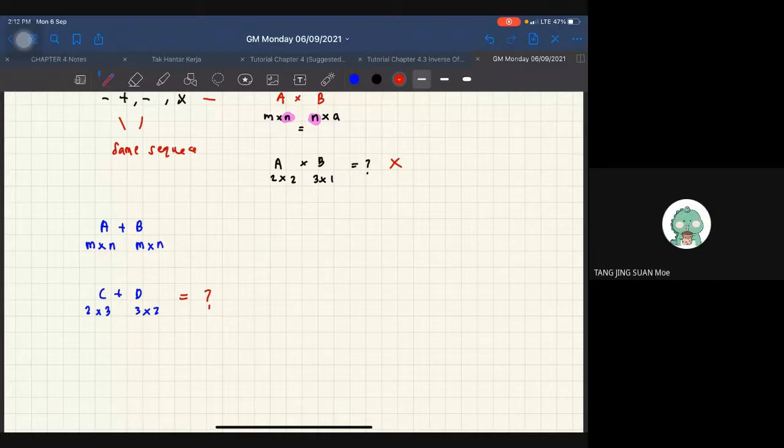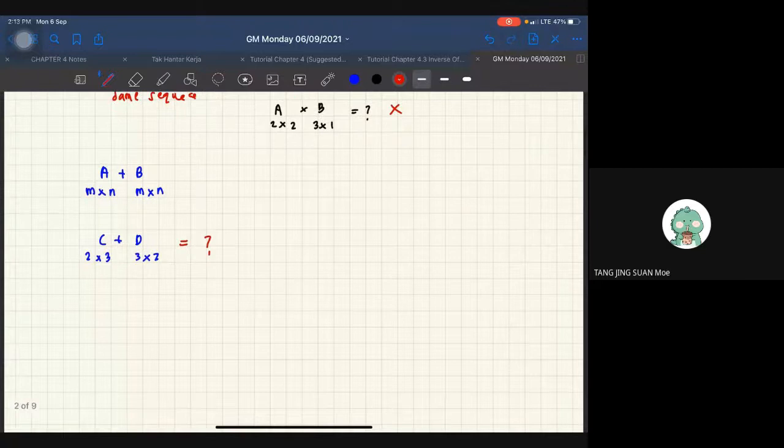Tak boleh. Okay. So kalau untuk plus dia tak boleh. Untuk plus and also minus dia mestilah sama. Sebiji bentuk matrix tu sama. Okay, dia mesti number of rows yang sama dengan number of column yang sama untuk kedua-dua matrix tu. Okay, so this one dia tak boleh lah. Not compatible.